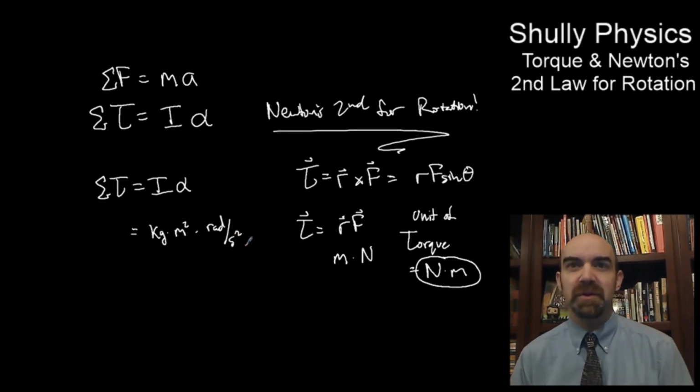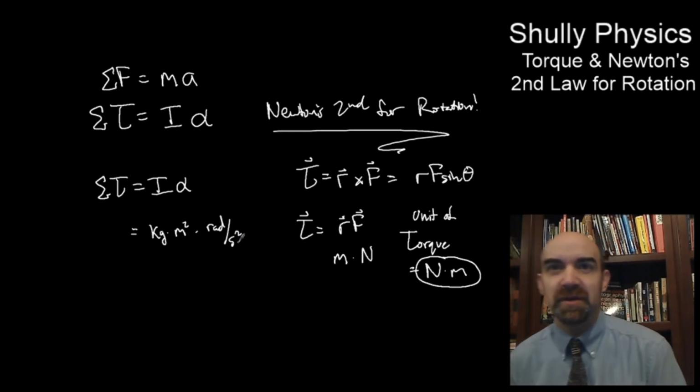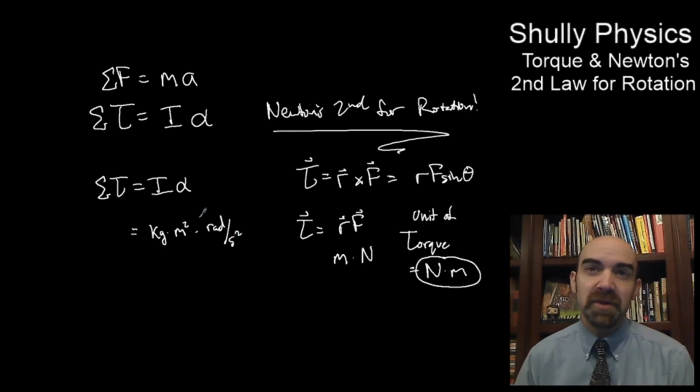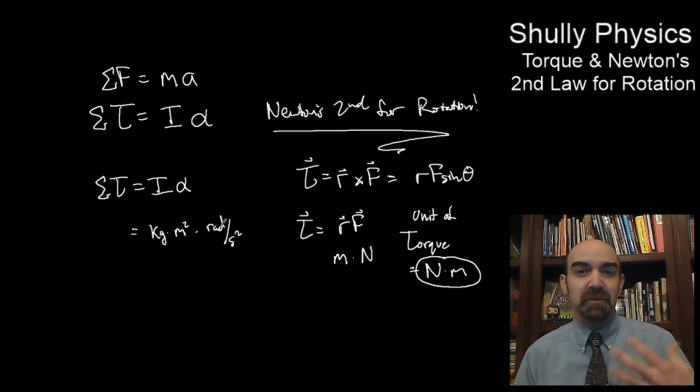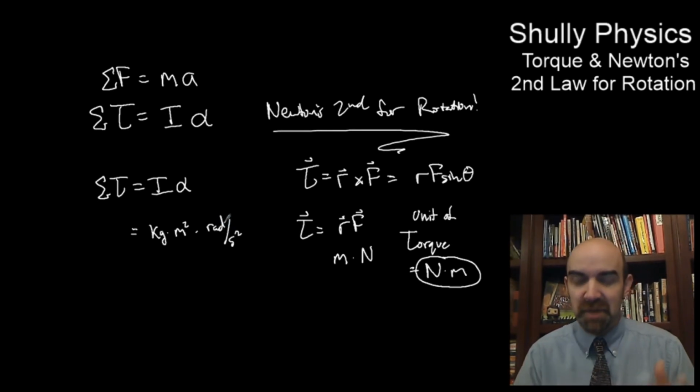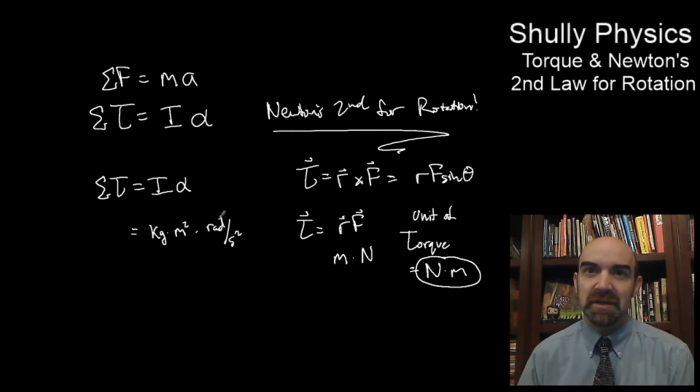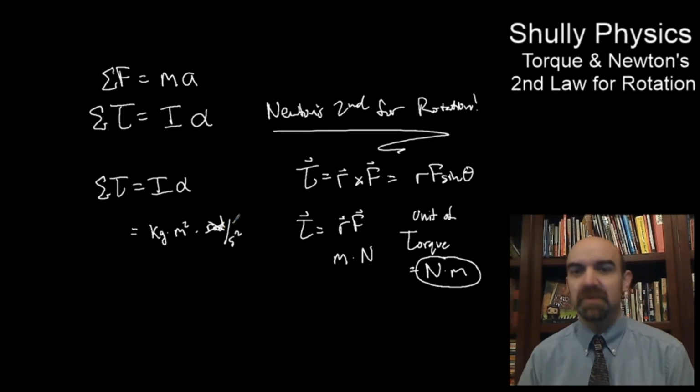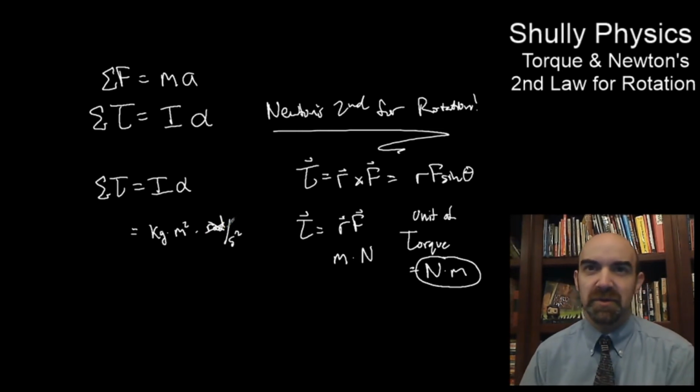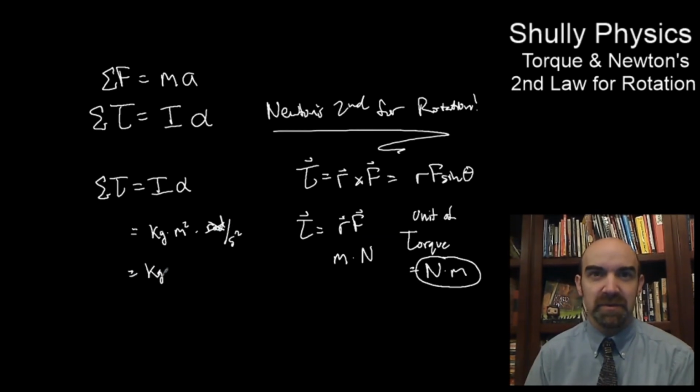Okay, kilograms meters squared times radians per second squared. Now, whenever you get a radian involved, remember a radian is just a count. It's a number, like a number of degrees. Radians has no dimension to it. So as I've talked about in a previous episode, unit-wise, we're going to drop that. We're left with kilograms meters squared per second squared.